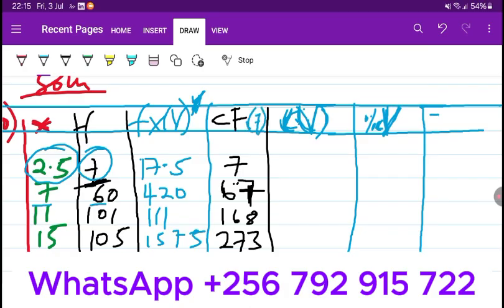Then we get the percentage of CF. Of course, we are going to be plotting these last two columns.